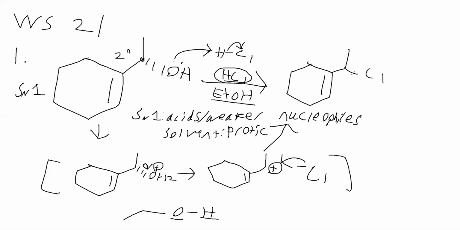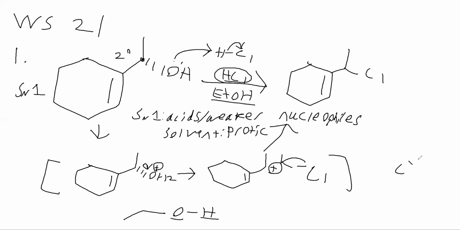I didn't show the stereochemistry in the product. I did that on purpose. Yeah, I guess that's the way you could put it. So this is something I covered in the last workshop. It goes through a carbocation intermediate, and a carbocation is sp2 hybridized. It's trigonal planar for the geometry.